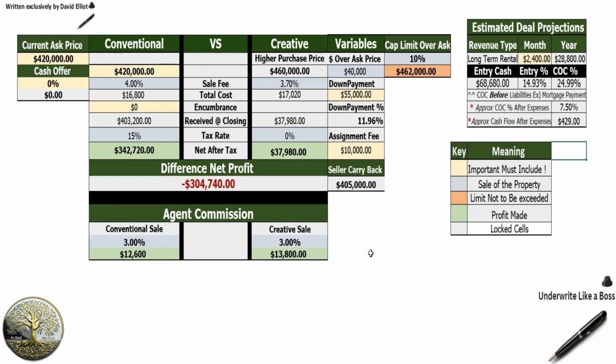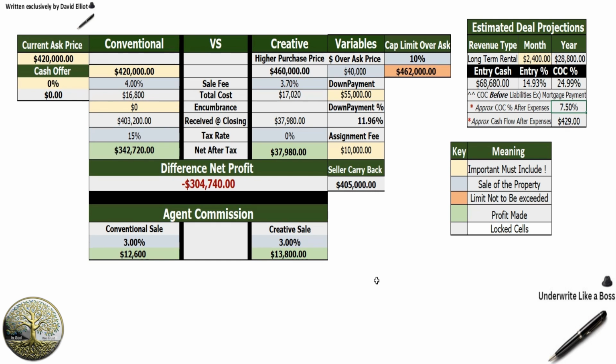When you're doing a seller finance deal, in most cases, 90% of the time, you are looking to give them some sort of monthly payment, whether it's 10% of the gross rent, 30% of the gross rent, or 50% of the gross rent. That's really up to you. But the lower you're able to negotiate that monthly payment, the higher your cash flow and the higher your cash on cash percentage. So with seller finance, it is a beautiful thing because you have that type of control.